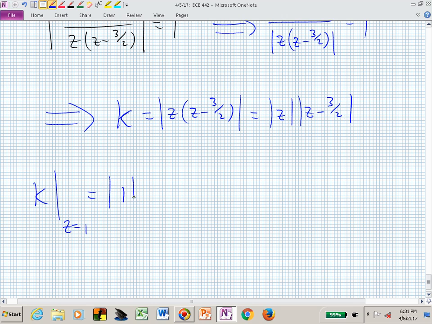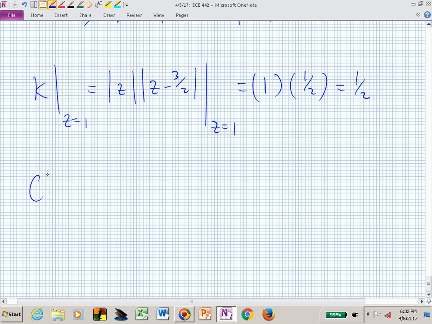So we have the magnitude of z and the magnitude of z minus 3 halves, with z equaling 1. So this is 1 times the magnitude of 1 minus 3 halves. That's just a half, right? So now we know that when K is equal to 1/2, one of those poles is going to have a value of z equal to 1.